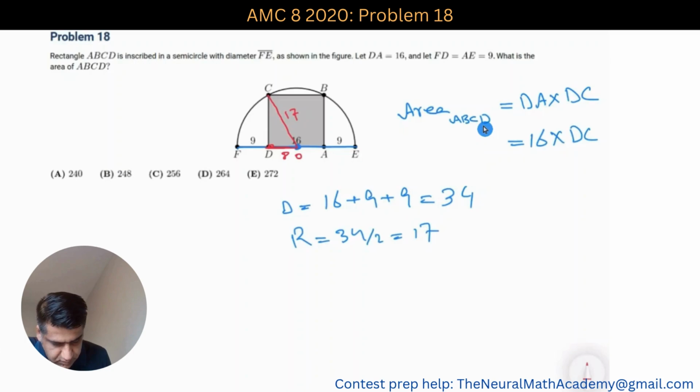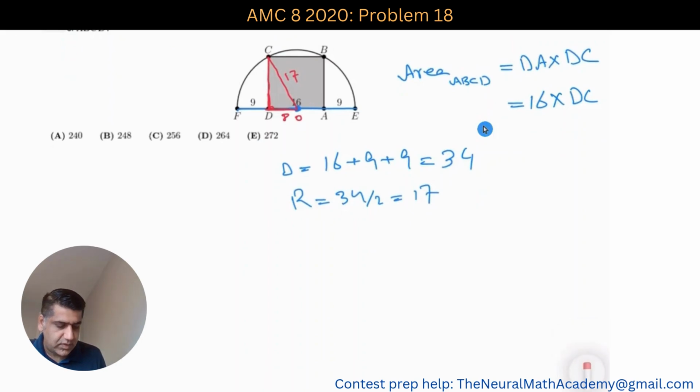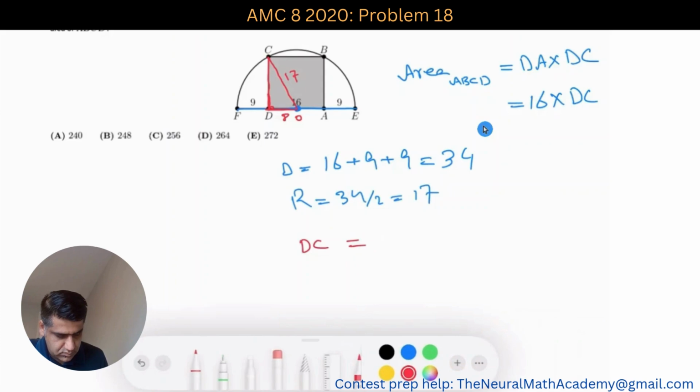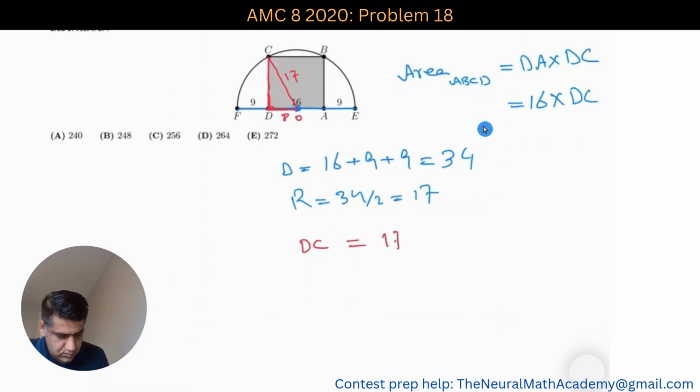and then we can find the length of CD. We can apply basically the Pythagoras theorem. So with that, DC is equal to the square root of 17 squared minus 8 squared.